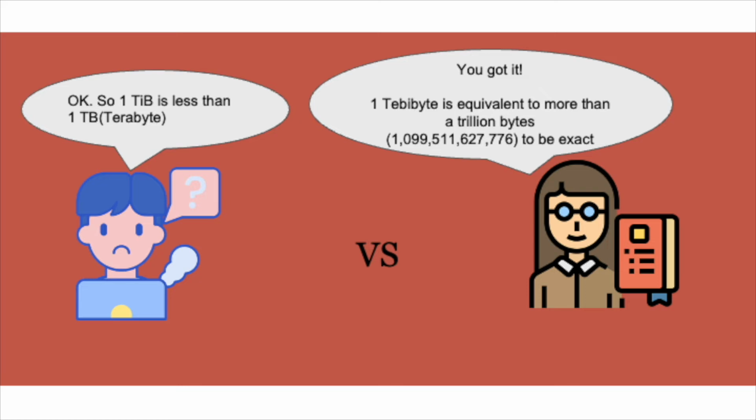Our amateur says, okay, so 1 TiB is more than 1 TB or terabyte. Is that correct? And the expert says, yeah, you got it. 1 tebibyte is 1,099,511,627,776 bytes to be exact.